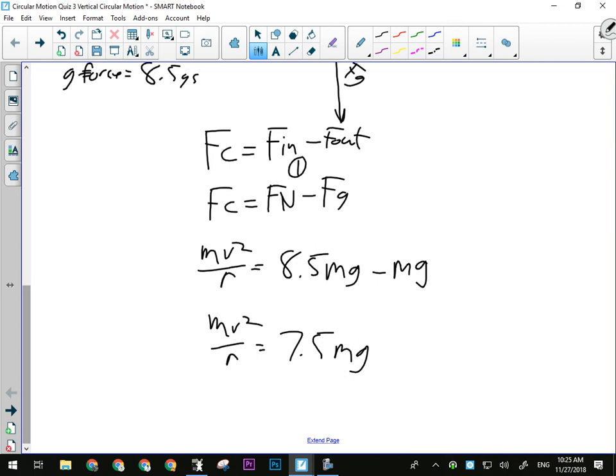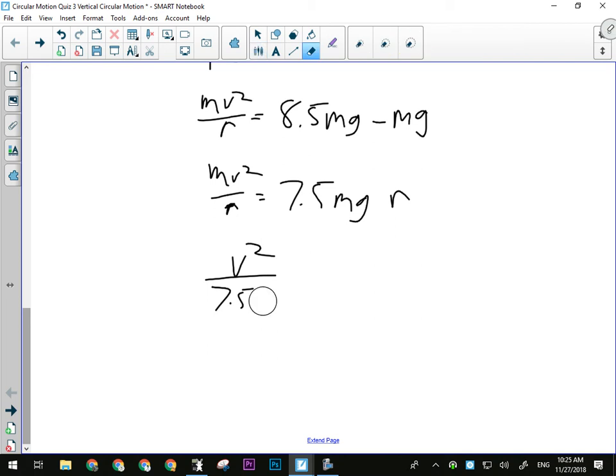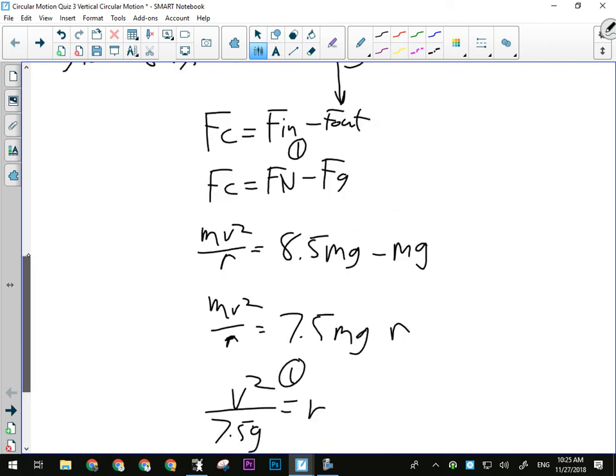So I just have to manipulate this to get r. I'm going to bring r over to this side here, and then divide each side by 7.5 mg. So the m's are going to cancel, and I'm going to have v squared over 7.5 times g equals r. I'll just write g for now. So give them a mark for that. I think that's our fourth mark, right?